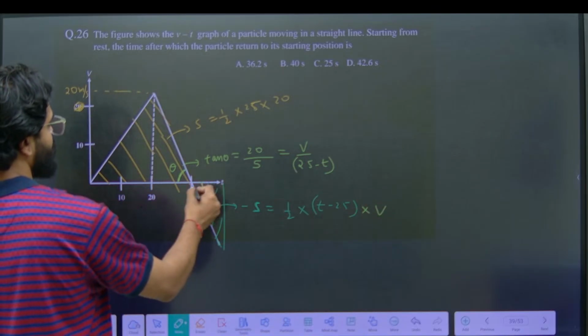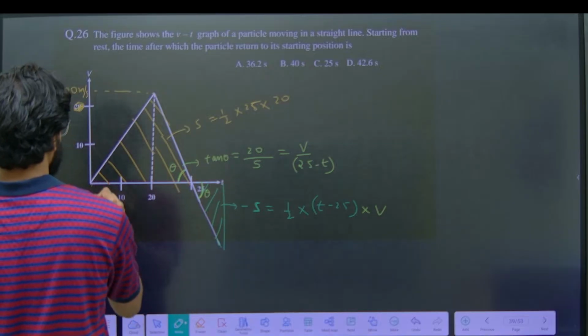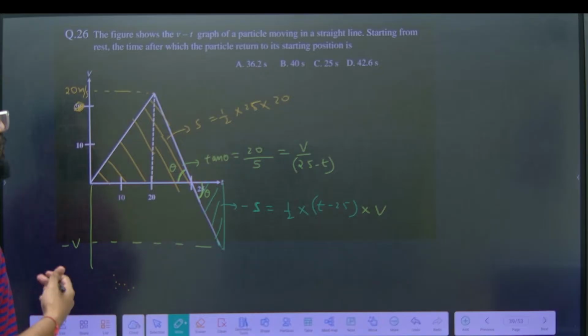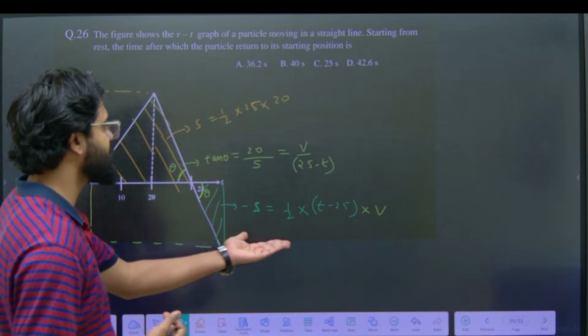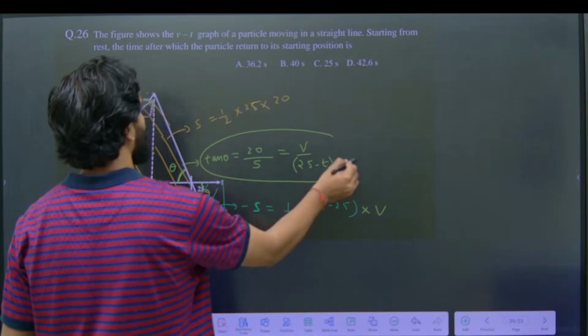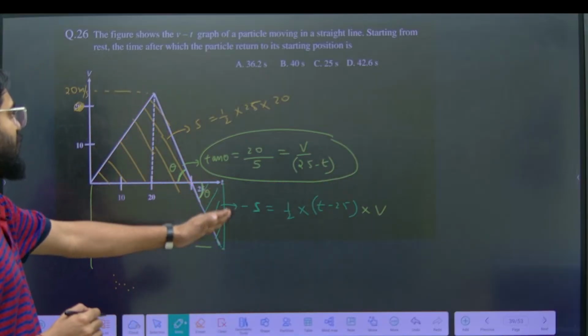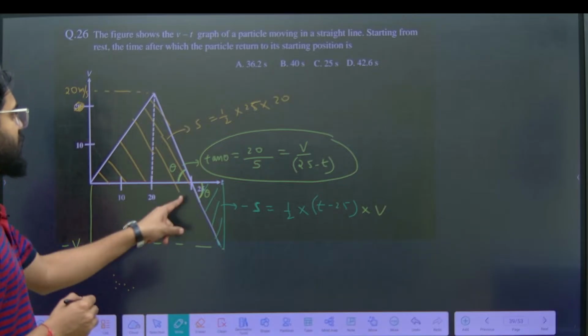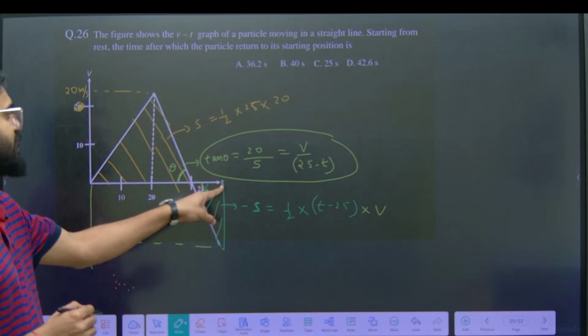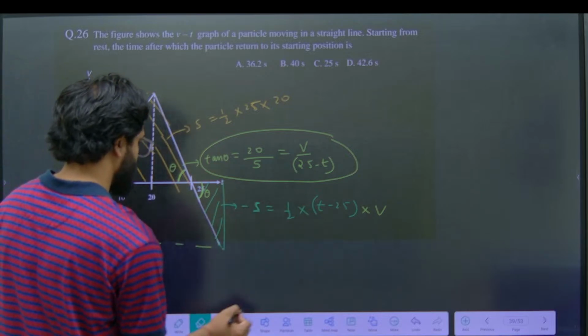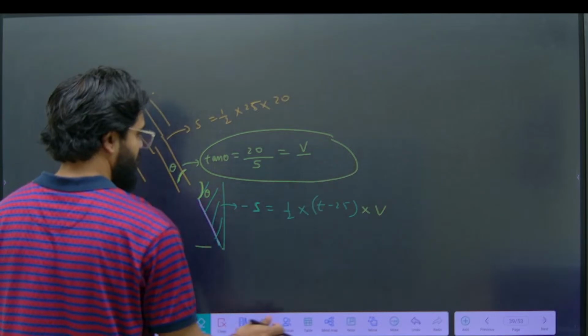Half base into height, let's say the height over here is negative v, which we do not know. So basically we used trigonometry to calculate that, because if this is theta, this is also theta, so tan theta in both should be the same. This is 25, this is t, so it is t minus 25. I'm sorry, it should be t minus 25.